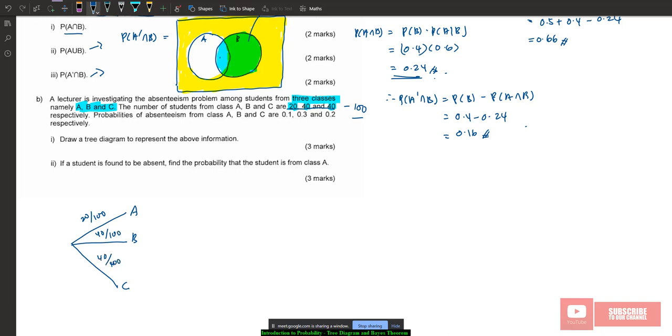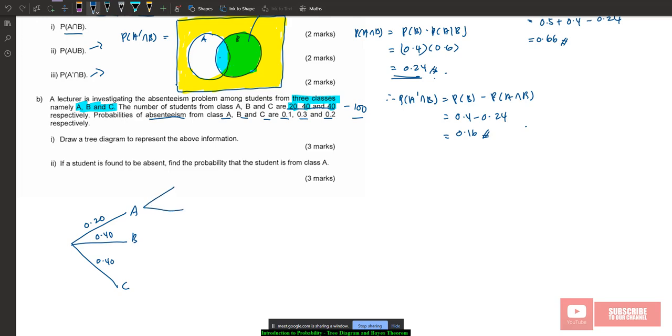As probabilities, these are 0.20, 0.40, and 0.40. The probabilities of absenteeism from classes A, B, and C are 0.1, 0.3, and 0.2.